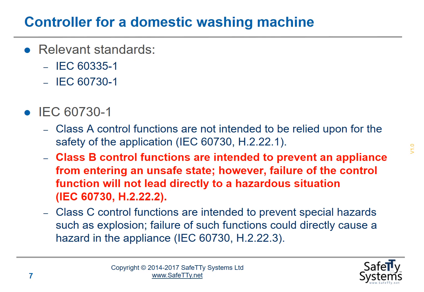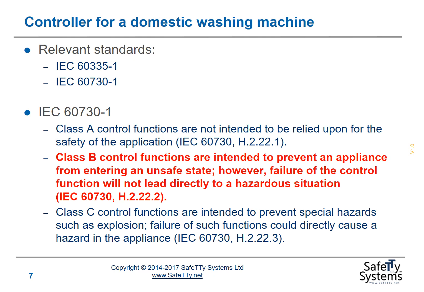In the case of our washing machine, which will be Class B, the failure of the control system that locks the door doesn't in itself mean that someone's going to be injured. If that control system fails and somebody opens the door, then there is a risk of injury, but it's not automatic. Failure of the door lock mechanism doesn't in itself injure anybody. If it was a Class C control function, the situation would be different.